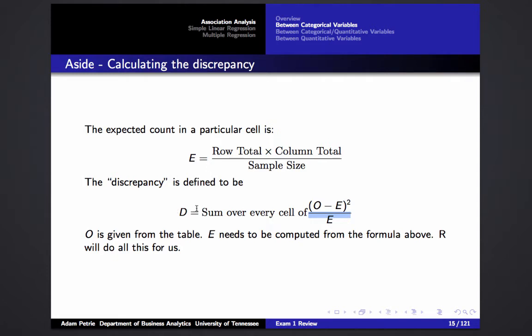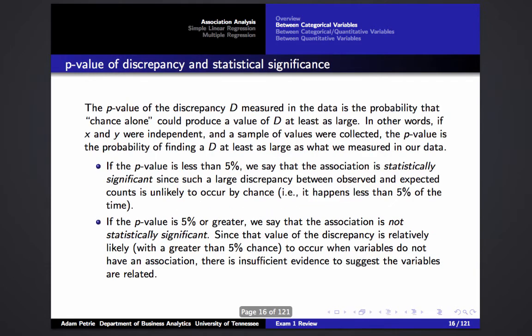So larger values of D are progressively more and more evidence that there's an association going on. And so the question becomes how large of a D is indicative of a real association and not something that can be readily explained by chance.